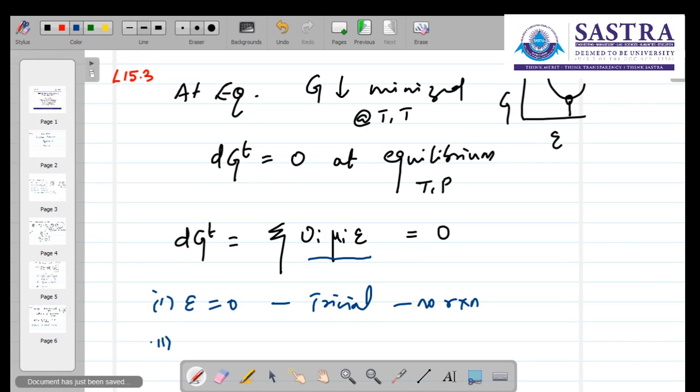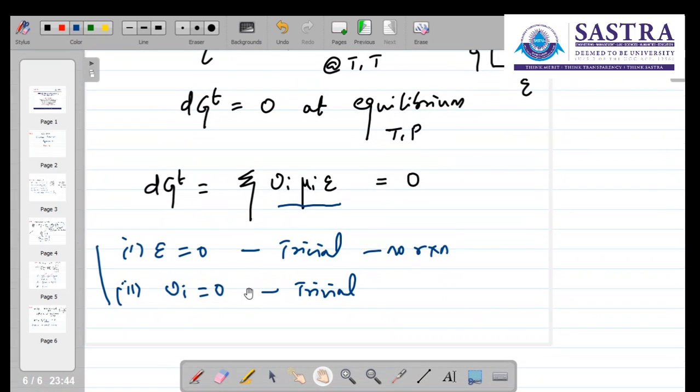The second trivial solution one can think of is all the stoichiometric coefficients being 0. This is again very trivial, and this is not acceptable in a reaction scheme. We cannot have all the stoichiometries being 0 and then say that there is a system. So these two are just mathematical possibilities but not physically acceptable.